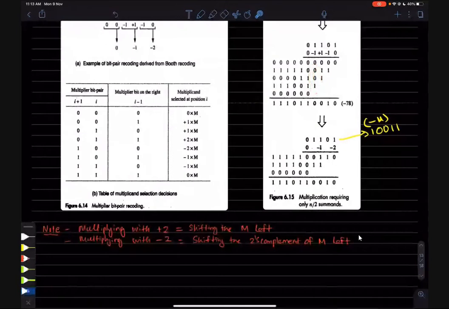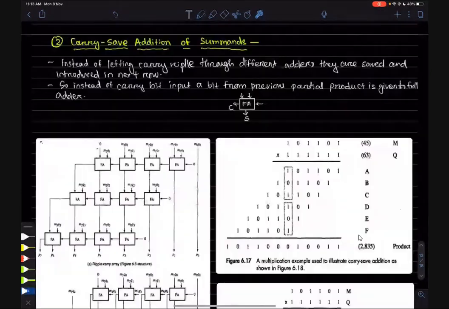For a full adder there are only 3 inputs. This c input we are not giving to the next full adder; we are saving it somewhere, so this c input is free.